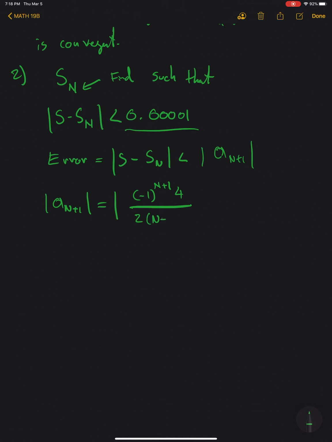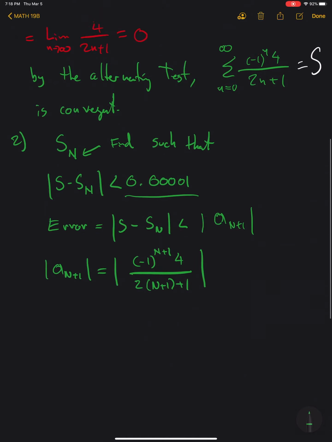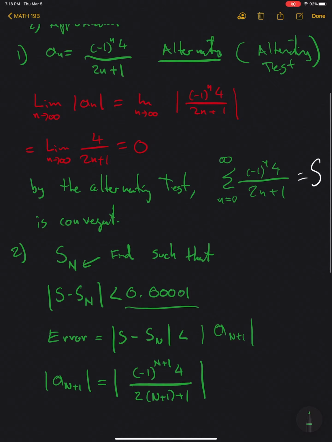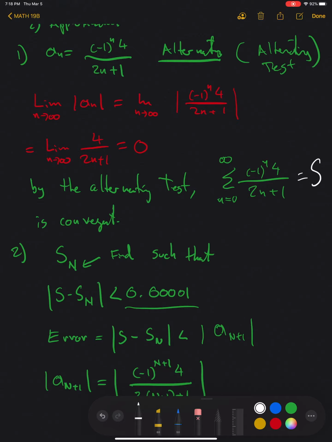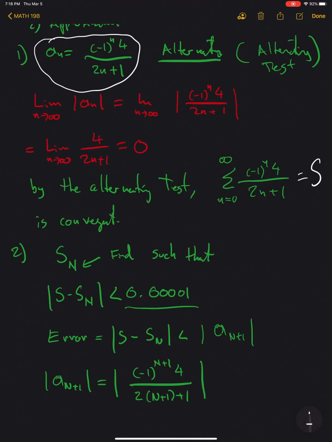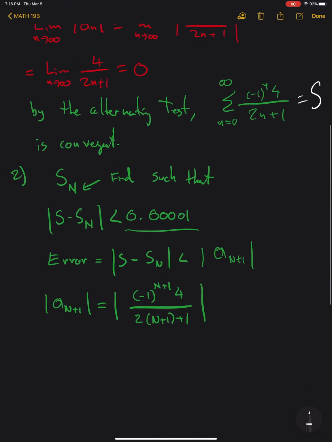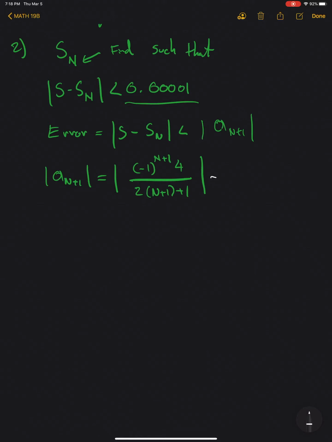So that will give me 2N plus 1 plus 1. Again, notice that the only thing we're doing is taking the original sequence and setting little n to be capital N plus 1. So this is the expression that we arrive with, which gives me 4 divided by 2N plus 3. If we simplify that expression, that's 4 divided by 2N plus 3.